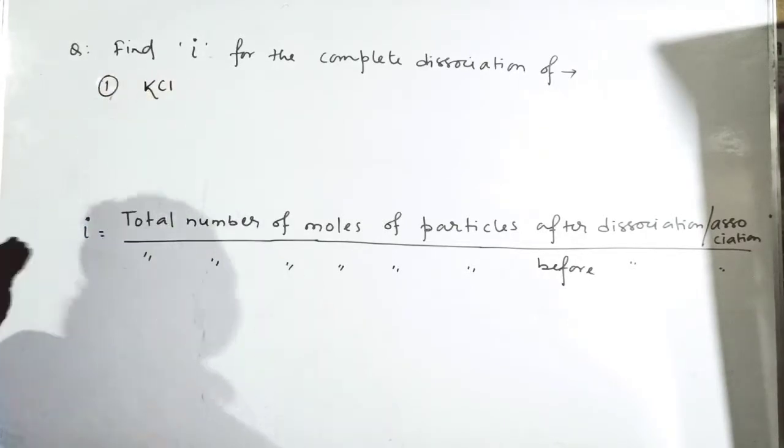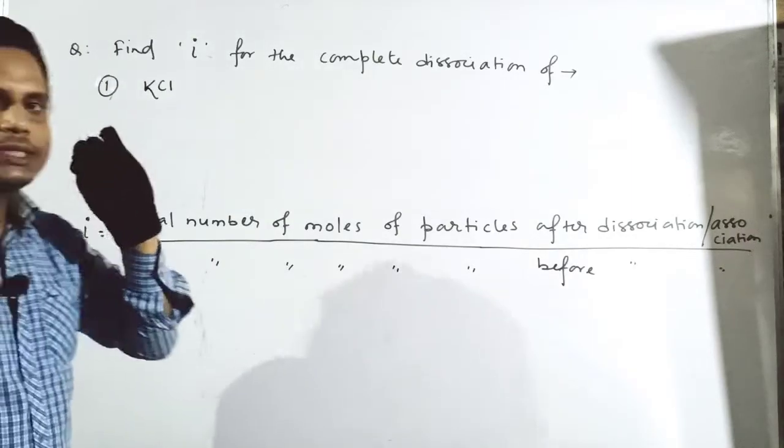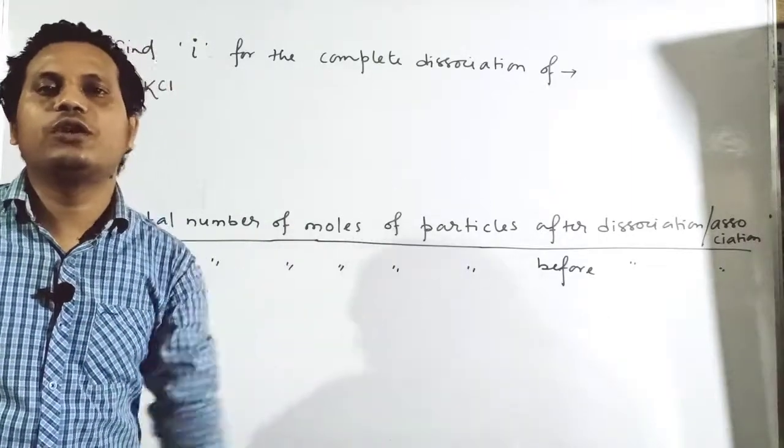What is the value of i for complete, meaning 100%, dissociation of KCl?